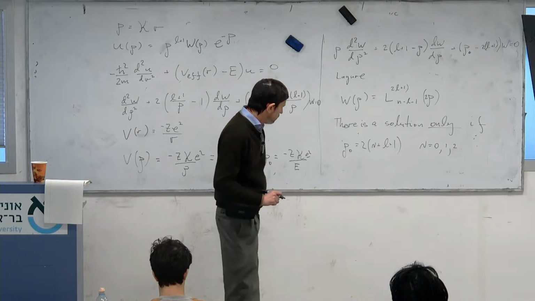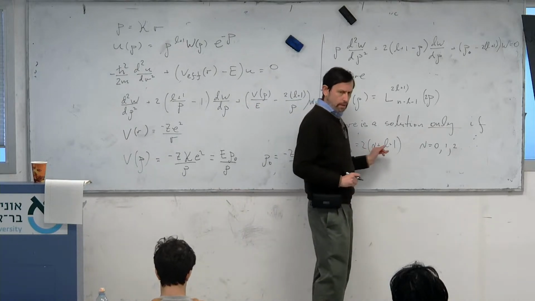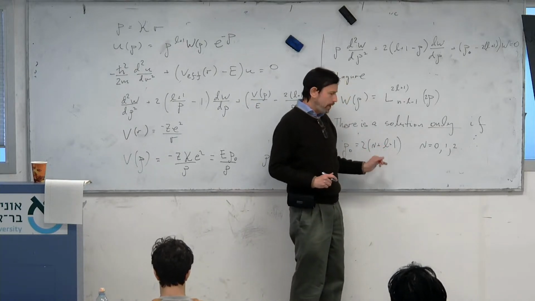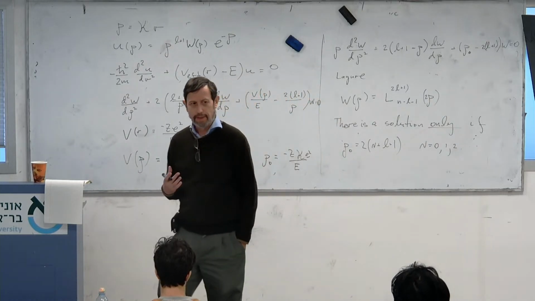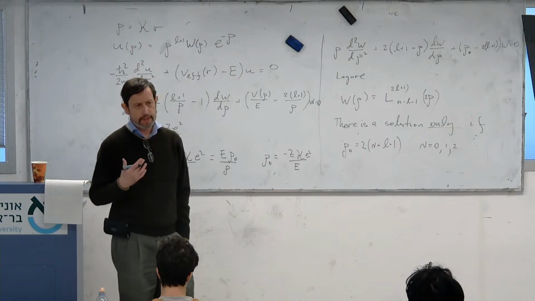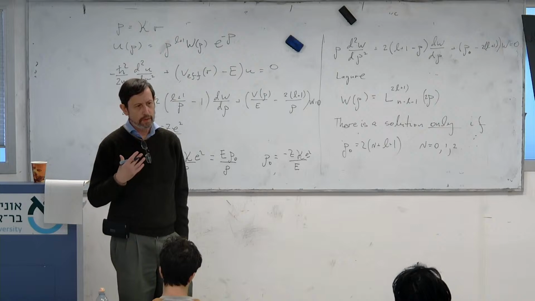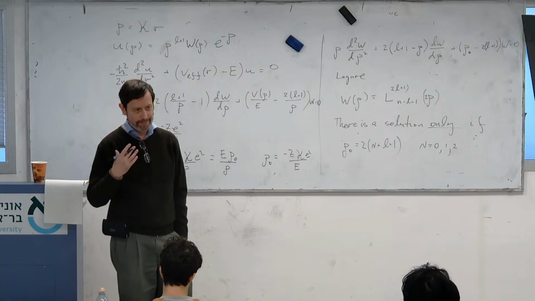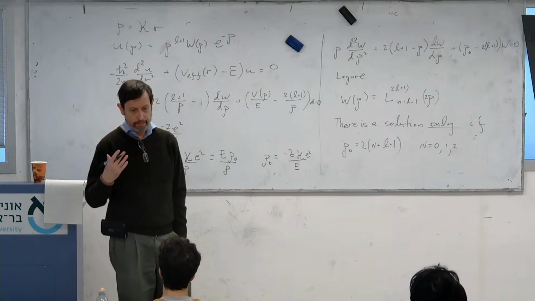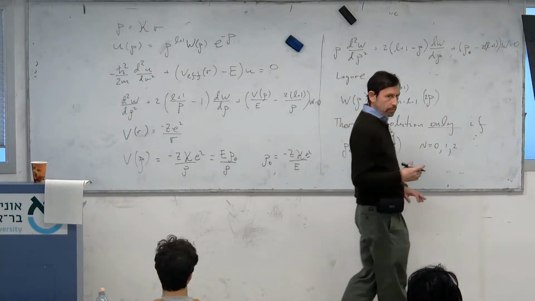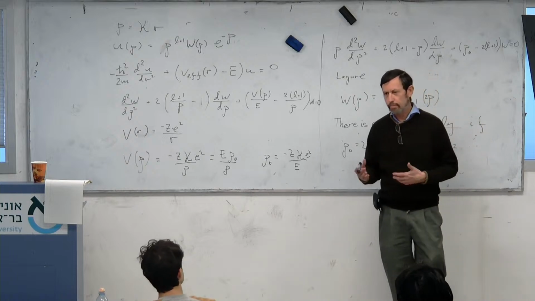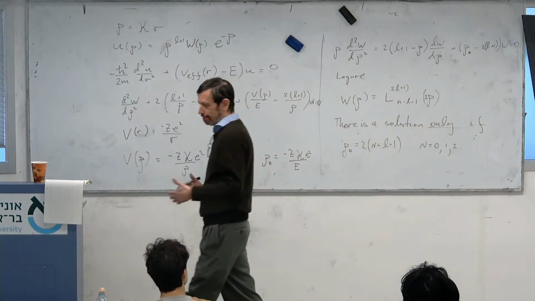So we are used that the solutions of the hydrogen atom are written down in terms of small n, L and n. But here we have large n. So it's just a small redefinition.